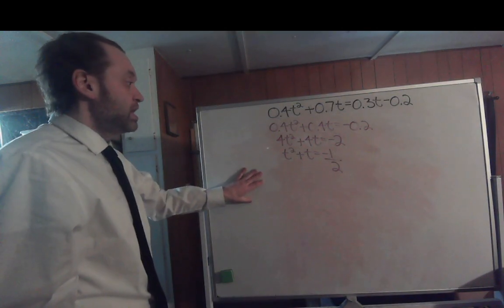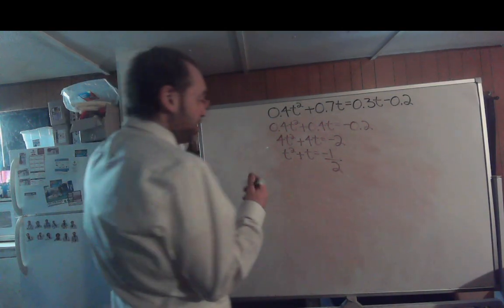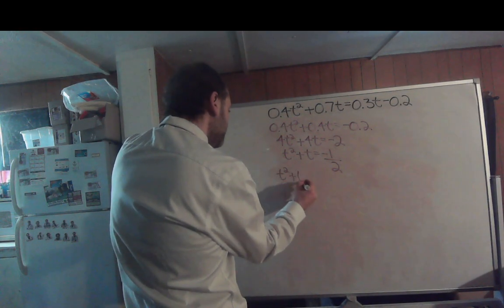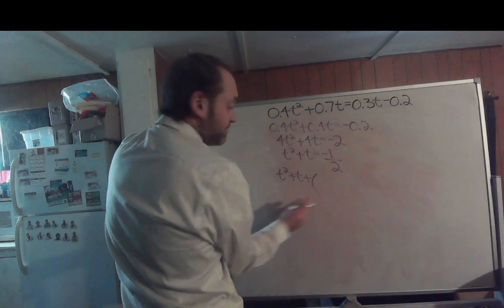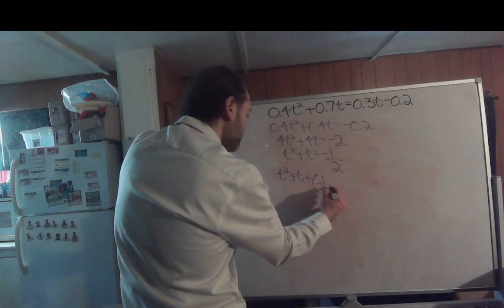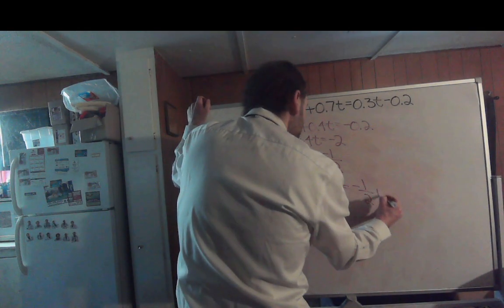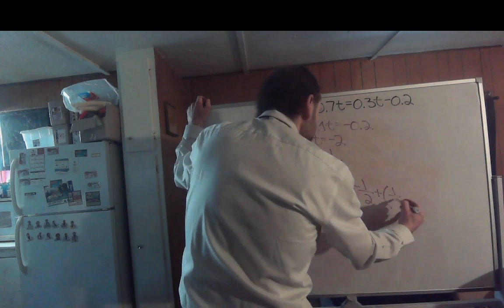Okay. Now we can complete the square. So you have t squared plus t plus what is half of 1? Well, that's 1/2 raised to the second power would end up equaling negative 1/2 plus that 1/2 raised to the second power.